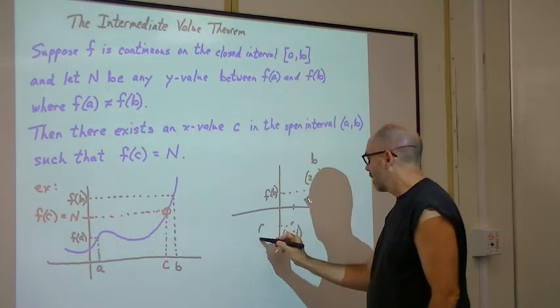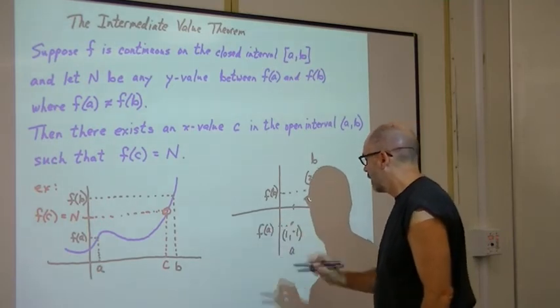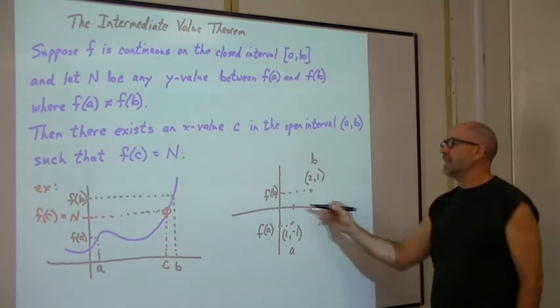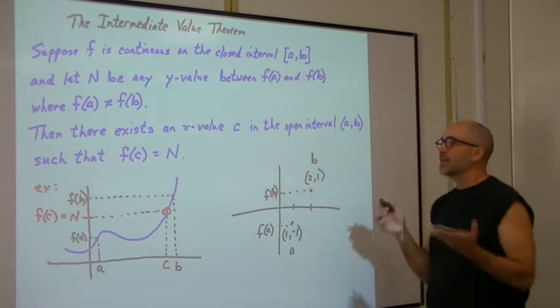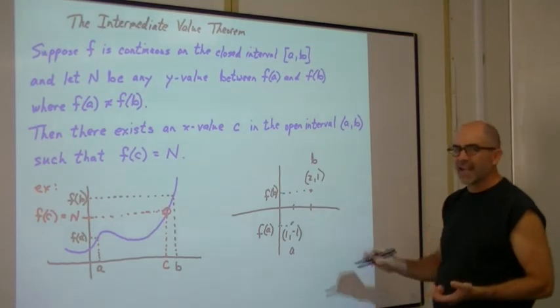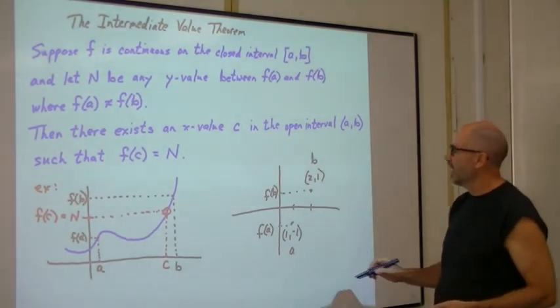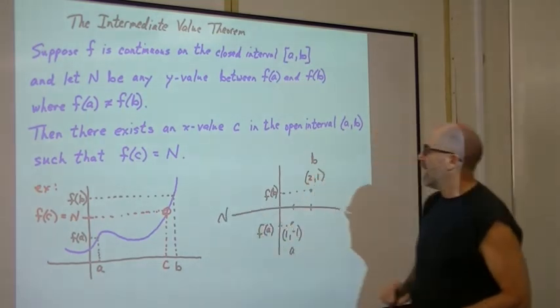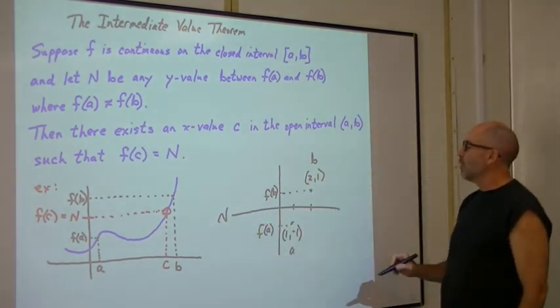Now what's my n value? It's the x-axis. Why? Because we're interested in where the function crosses the x-axis. So we're interested in n being y equals 0. And what are we looking for?